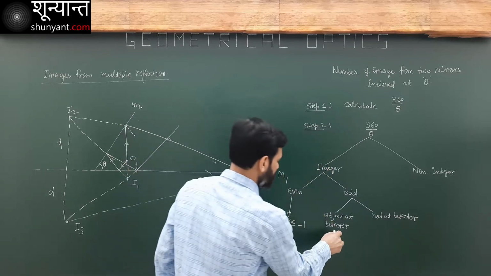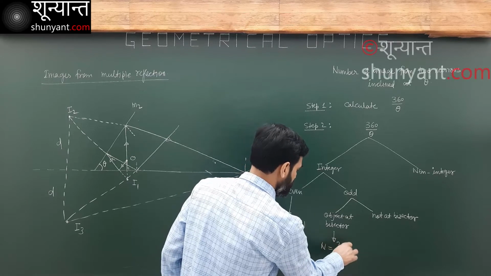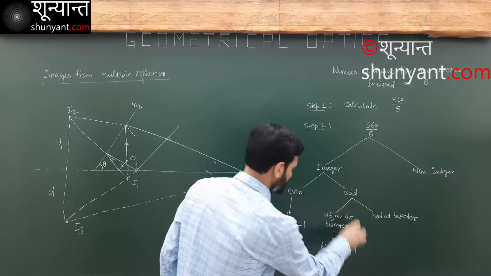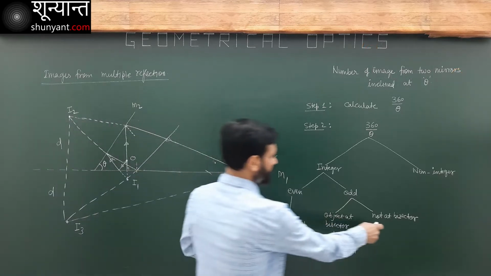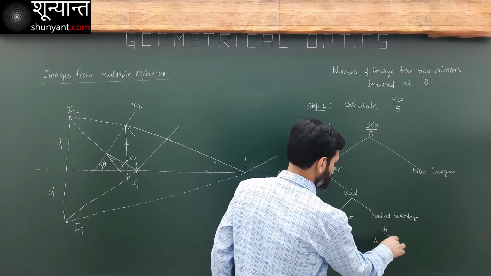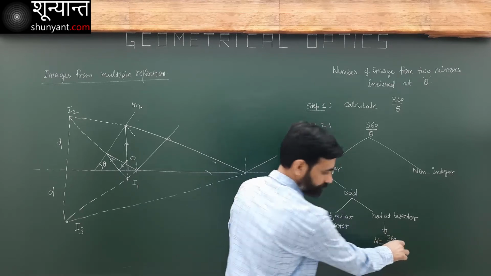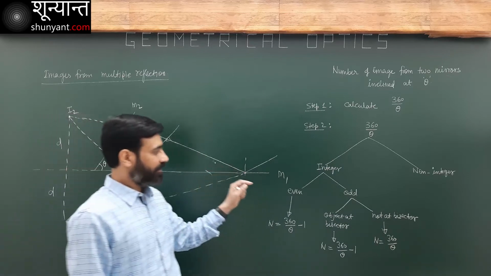If the object is at bisector, then the number of images is 360 over theta minus 1. And if it is not at bisector, the number of images is equal to 360 over theta. Okay, that's it.